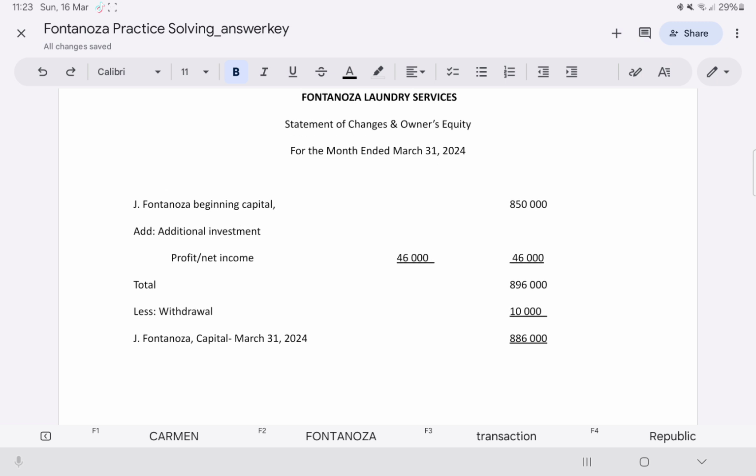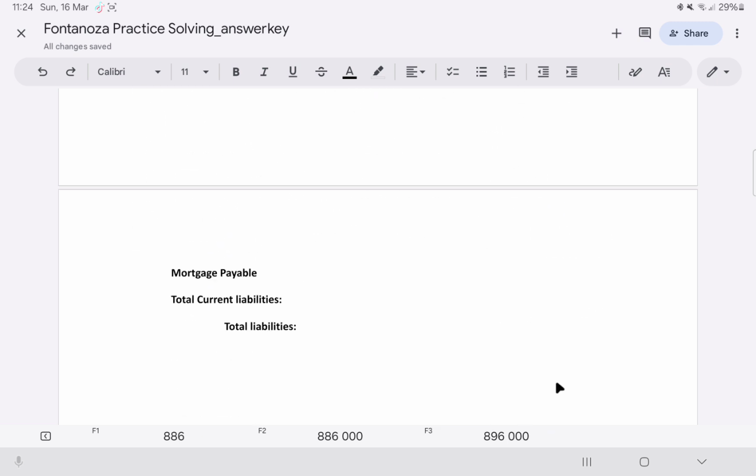It is stated that we should report in the owner's equity the remaining capital, so you post the capital ending balance into the statement of financial position, not the beginning capital. So 886,000.